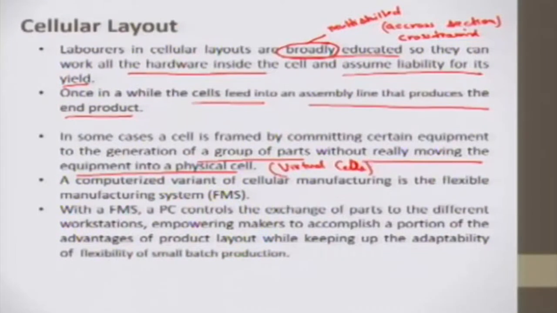So what are virtual cells? The cells are not made physical, but some machine or some equipment from the processes, in case of process layout, some equipment is dedicated for this cell only. So whatever would happen from section 1, say for example there is an equipment in the drilling section, another equipment is there in the milling section.